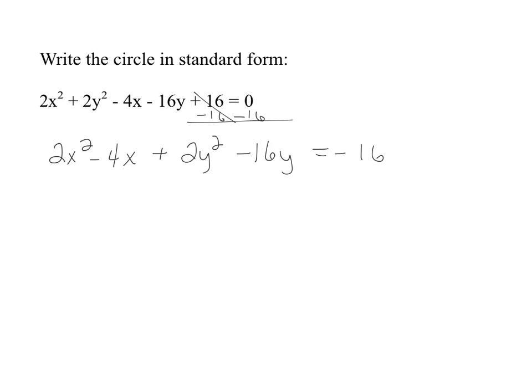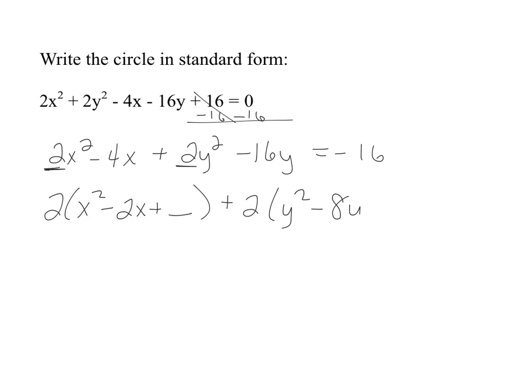We're not completing the square yet because we have this 2, and we can't have a number in front, so we have to factor that out. So it's 2 times x squared minus 2x, this is the completing the square step, plus 2 times y squared minus 8y, and then we have the negative 16.